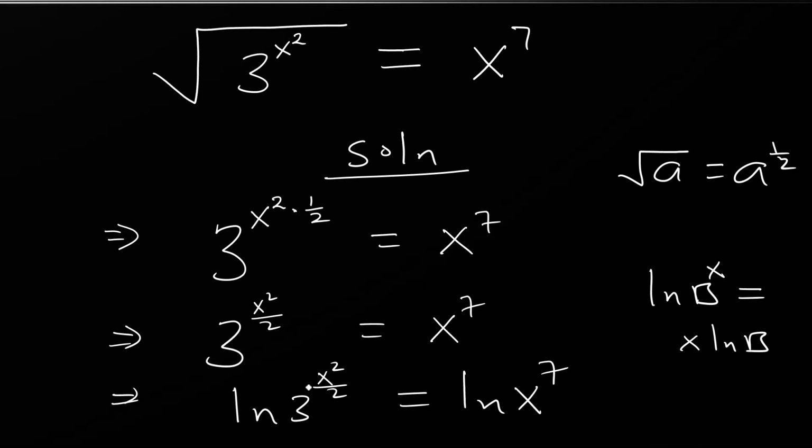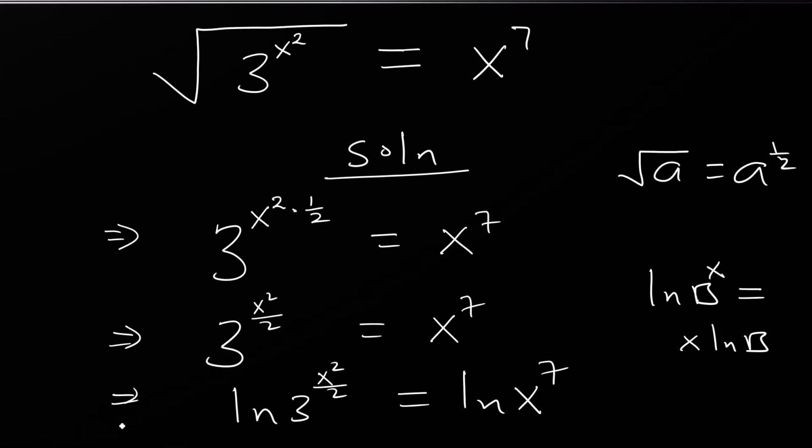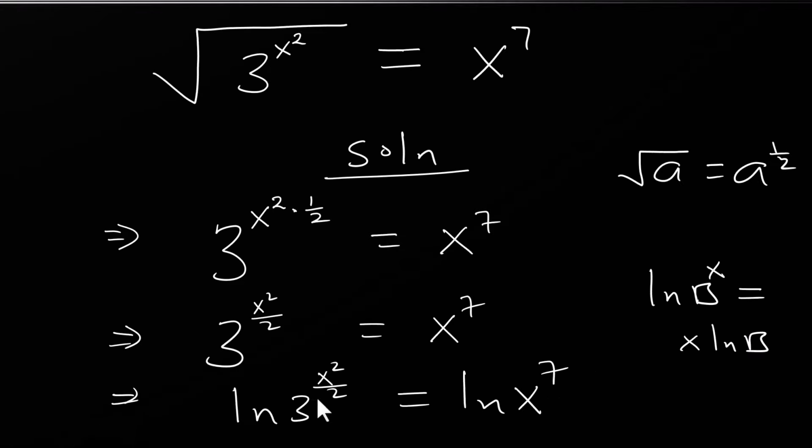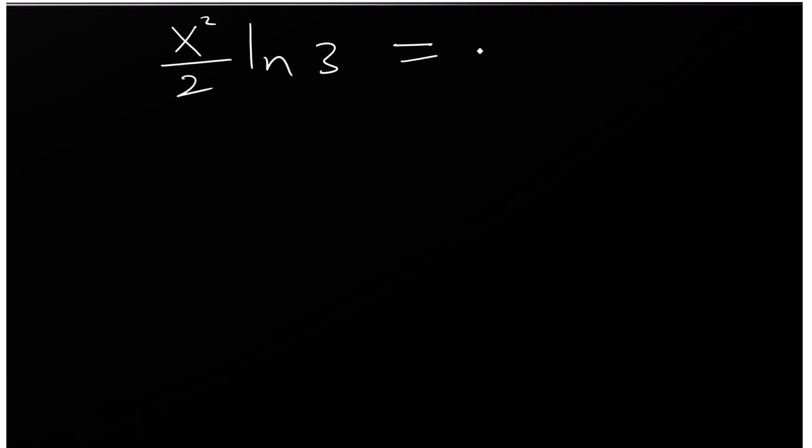So this one will come down, that will be x squared on 2 ln of 3, equals, and on the other side this 7 also comes down, 7 ln of x. That's very simple.